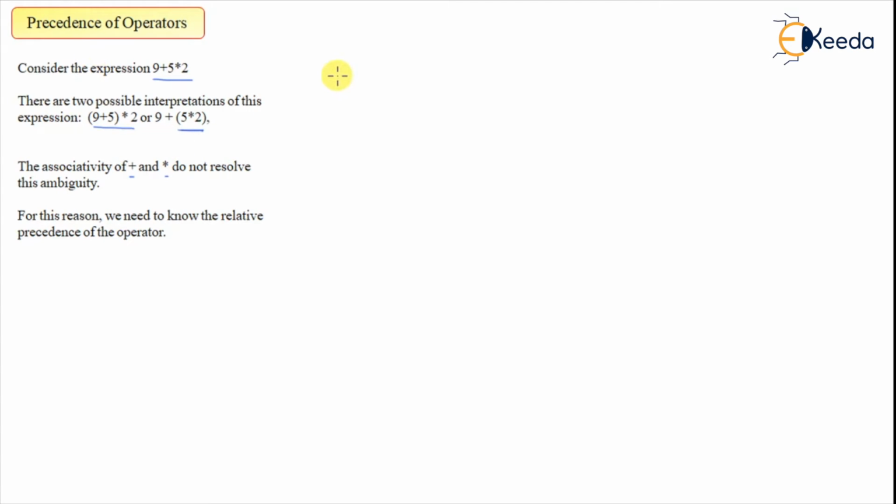For the same precedence operators, 9 plus 5 plus 2 or 9 plus 5 minus 2, associativity resolves it, but for 9 plus 5 multiplied by 2, whether 5 associates with the left or right operator is not resolved by associativity.